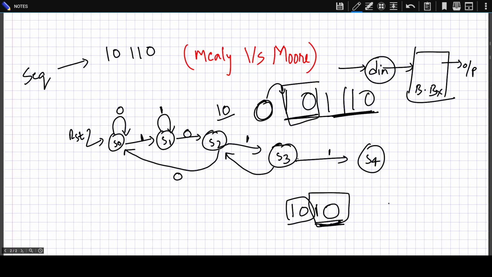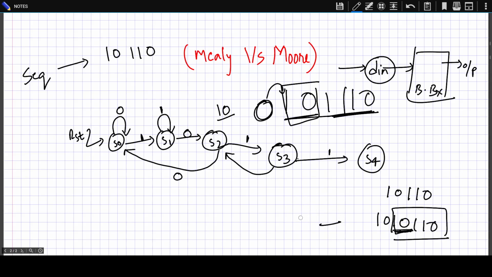We are to detect 1 0 1 1 0, but the pattern is ruined here if you get 1 0 1 0. So this part is matched, 1 0 1 1 0 1 0. If you get 1 1 0, then this part will be matched. So you have to go accordingly.